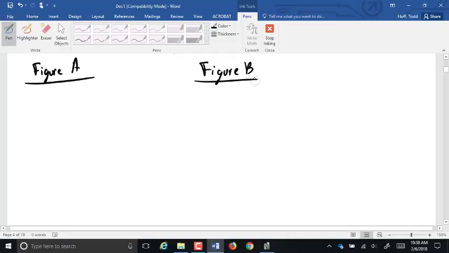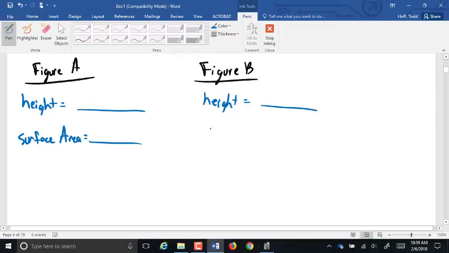So we've got two figures here. Want to compare the heights? Want to compare the surface areas? And I'm going to want to compare the volume.